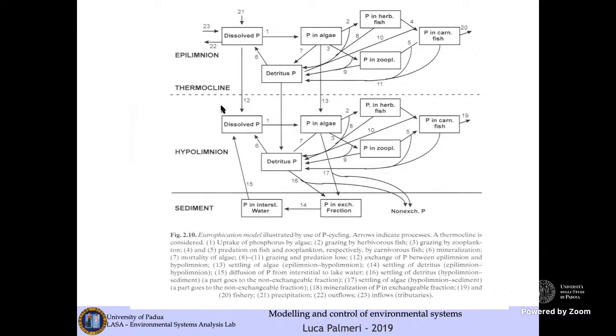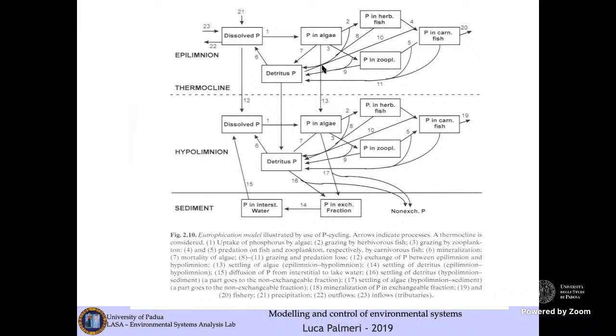So we may introduce also flows, arrows describing exchanges between, for example, detritus in the epilimnion and detritus in the hypolimnion. In particular, these arrows describe the process of sedimentation. Sedimentation is the transfer of material from the epilimnion to the hypolimnion.